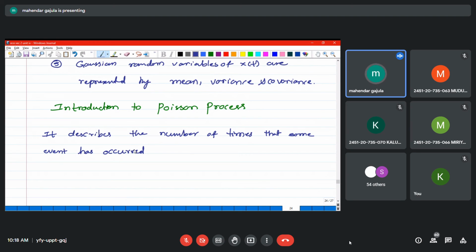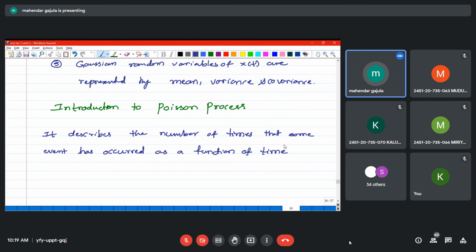So these all come under Poisson process. Occurred as a function of time. If you don't write it as a function of time, then it is not a random process. Am I right? Some event has occurred, that is a Poisson random variable. That rare event is a Poisson random variable.